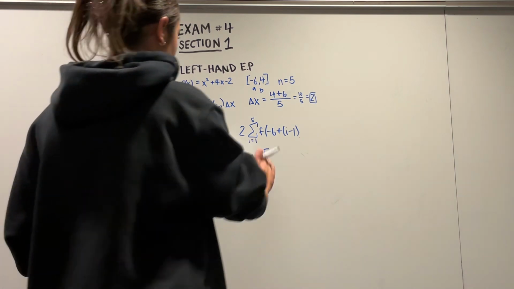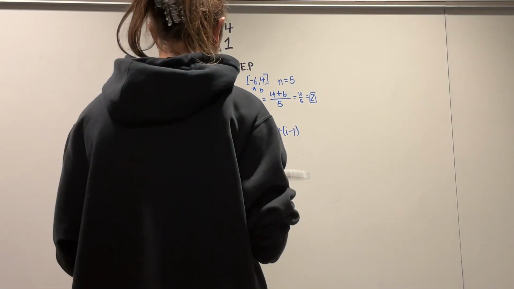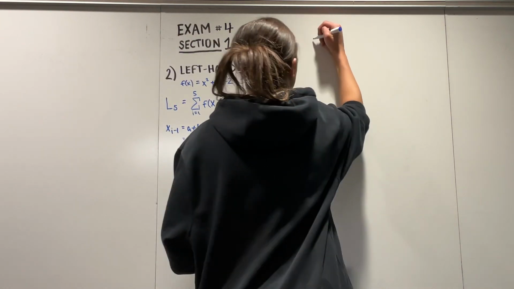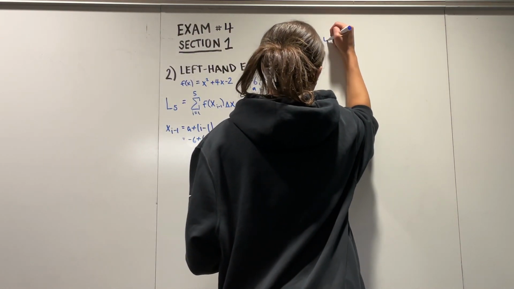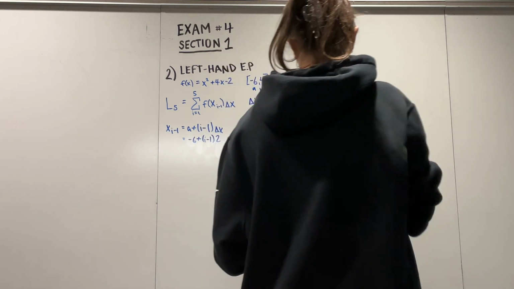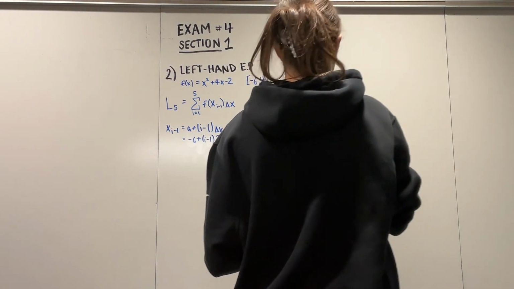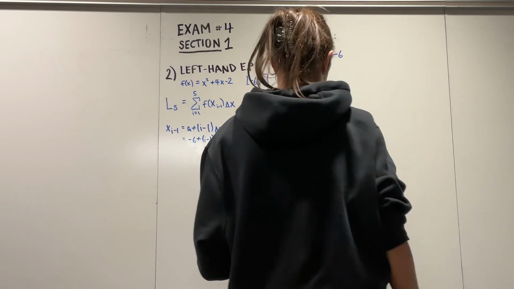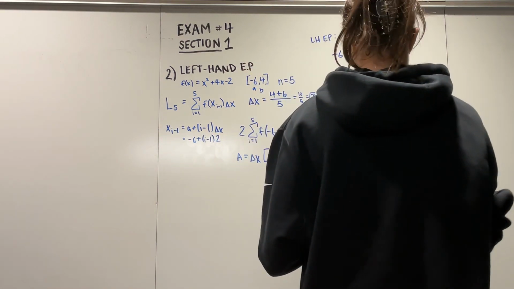So every number between here should be 2 apart. So left-hand endpoints, we're going to determine those endpoints. And then it's going to start at -6 because that's our a. It's going to be -6. And then we're just going to add 2.